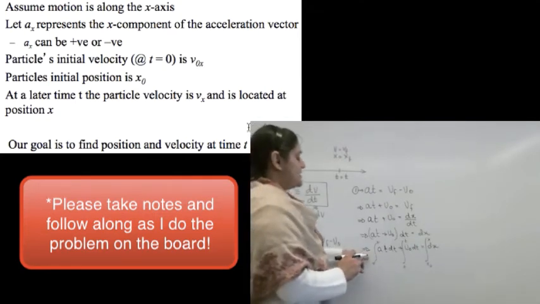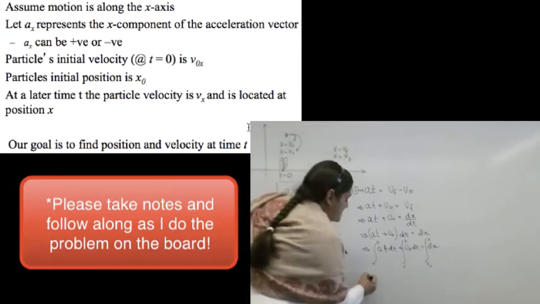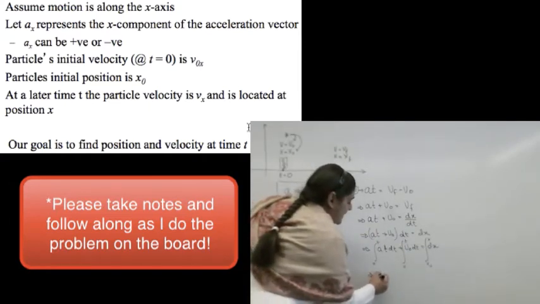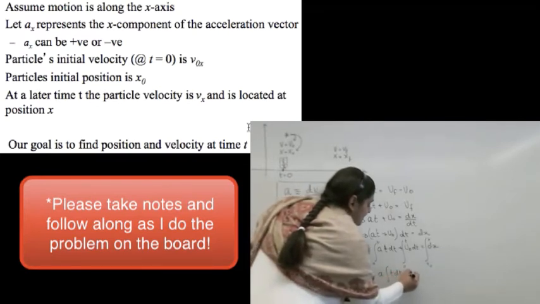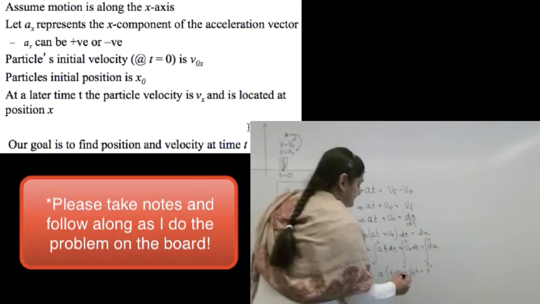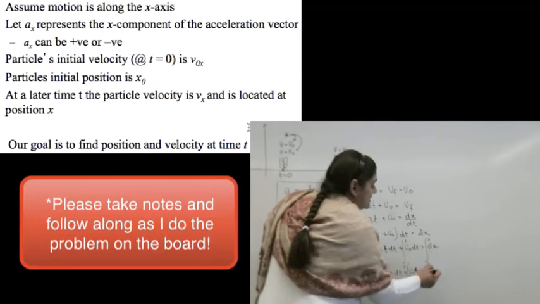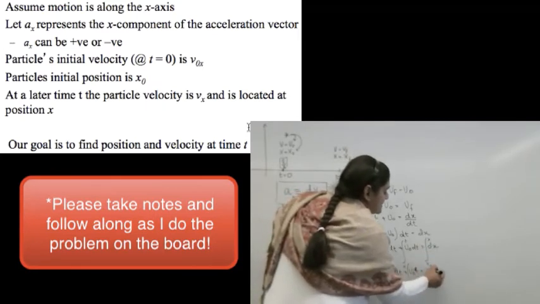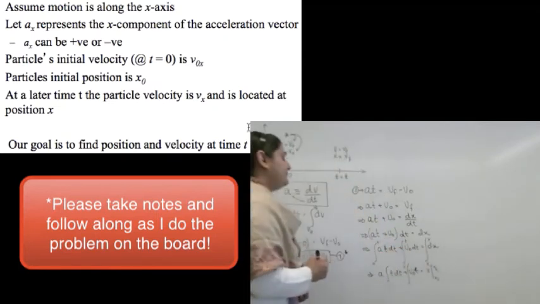Integrate, a is constant, it can come out. V naught is a number, which is constant, it can come out. So that implies that a t dt plus v naught t gives me x. Integral dt will give me dx from x0 to whatever x final I called it, right?